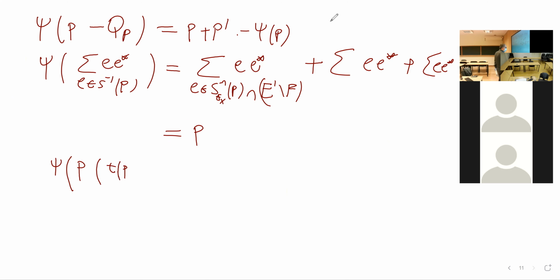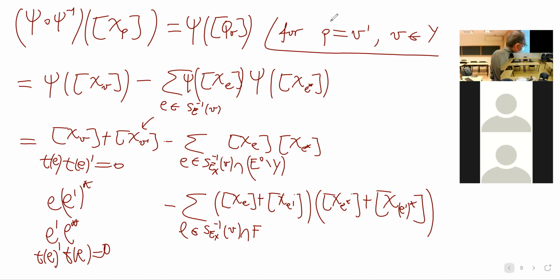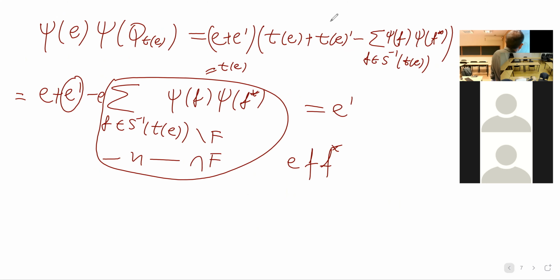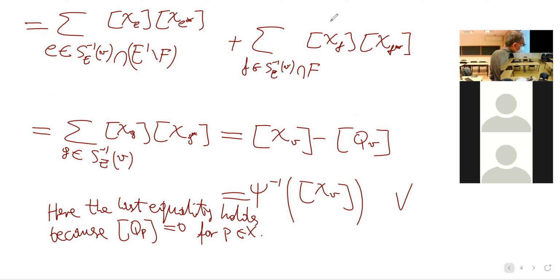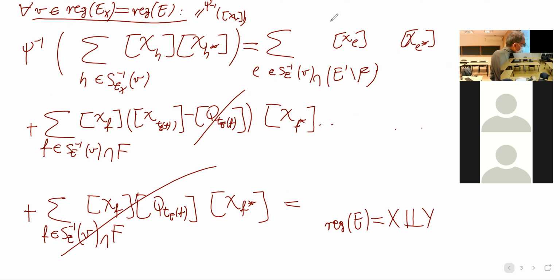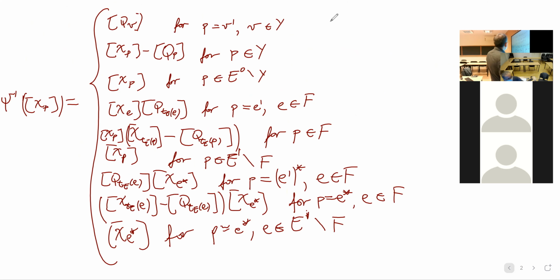I'm rewriting this formula only without this double notation. Yes, this is P TP minus QP. P TP minus QTP. Okay.